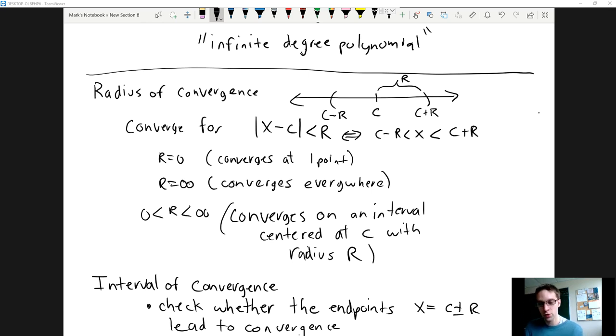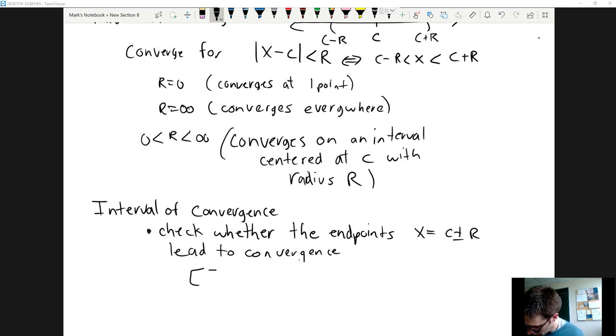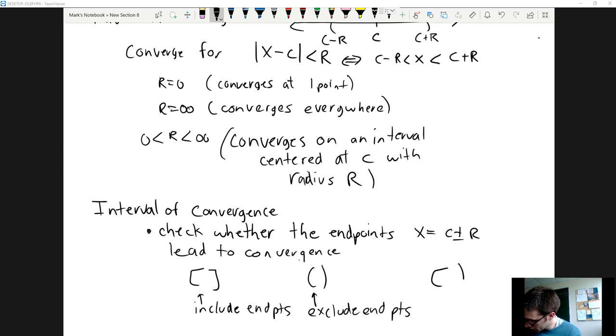And typically when you compute the interval of convergence, you'll use square brackets, which mean including endpoints, or you'll use parentheses to exclude, or you can use some combination where you include one and exclude the other.